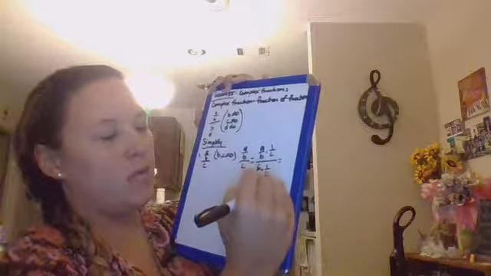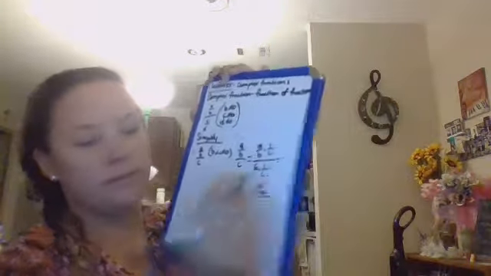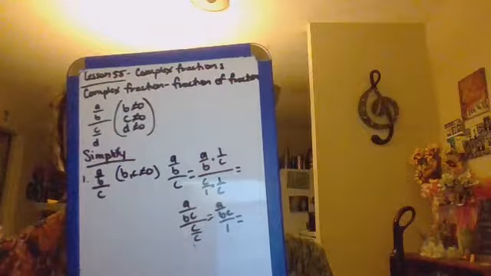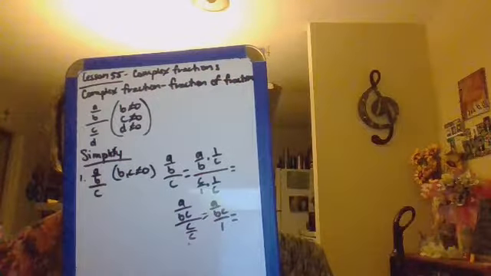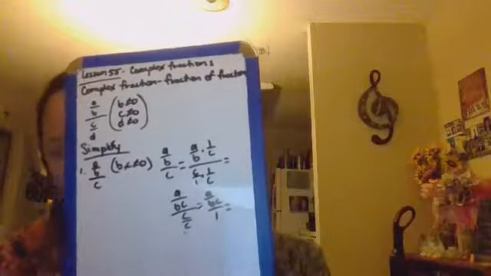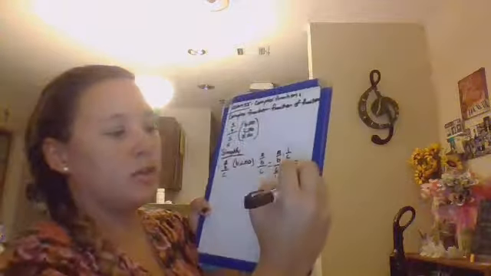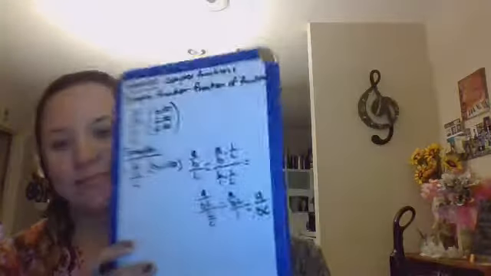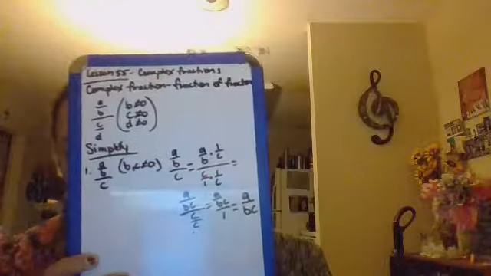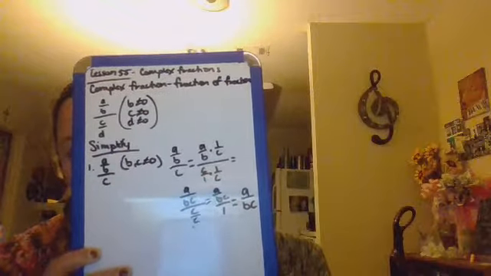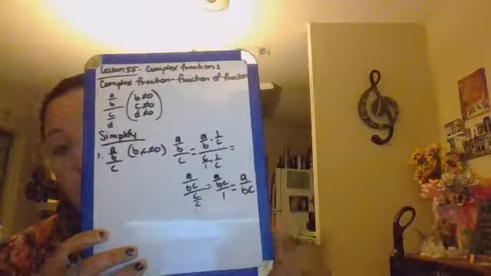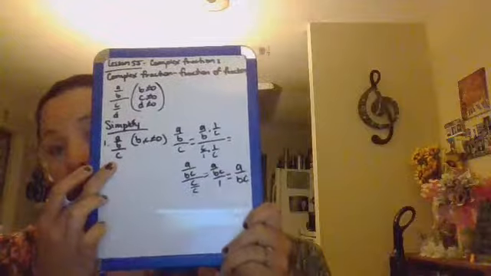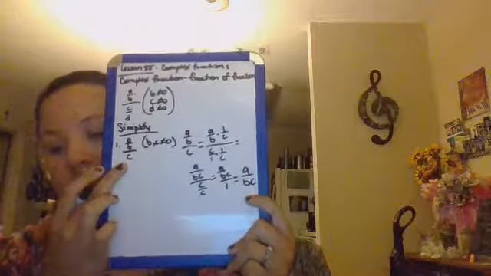So it's A over BC over 1, and our final answer is going to be A over BC. To change it from our original equation, it becomes this.